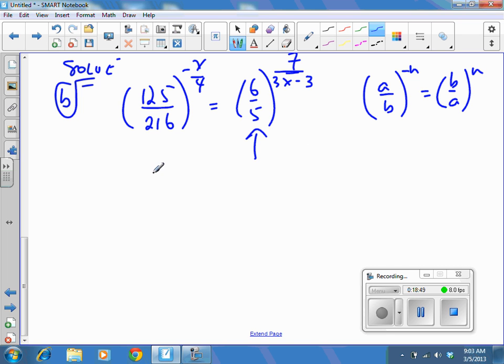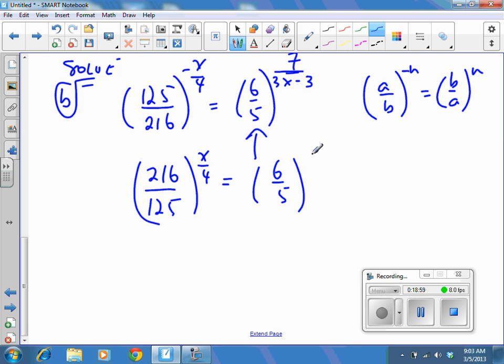So I'm going to use that and say that's 216 over 125 all to the x over 4. Now I'm going to rewrite this as a power of 6/5.